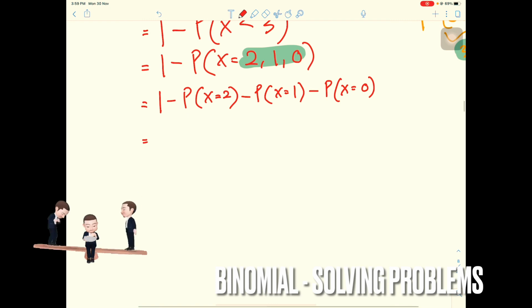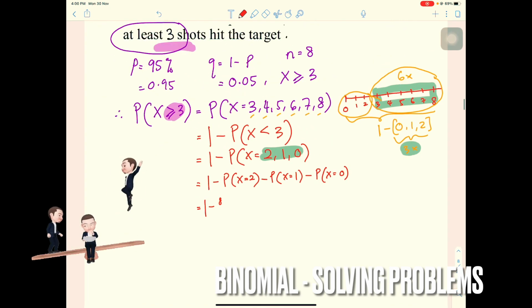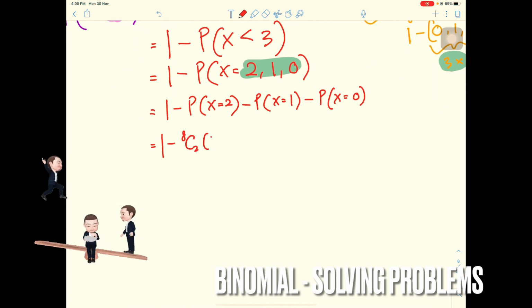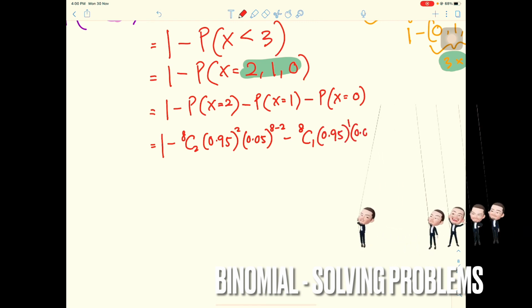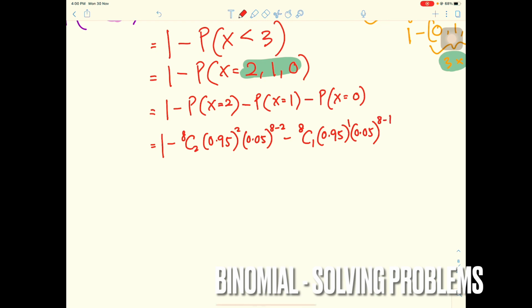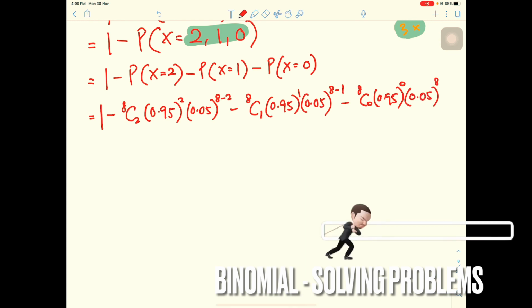And then substitute the values, with n equals 8. So 1 minus 8C2 times 0.95 to the power of 2 times 0.05 to the power of 8 minus 2, minus 8C1 times 0.95 to the power of 1 times 0.05 to the power of 8 minus 1, and last but not least minus 8C0 times 0.95 to the power of 0 times 0.05 to the power of 8 minus 0.